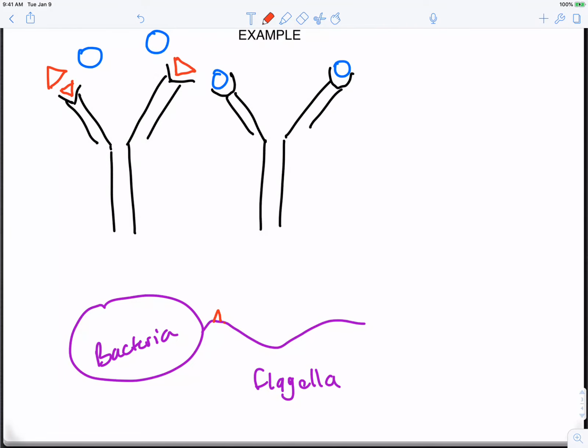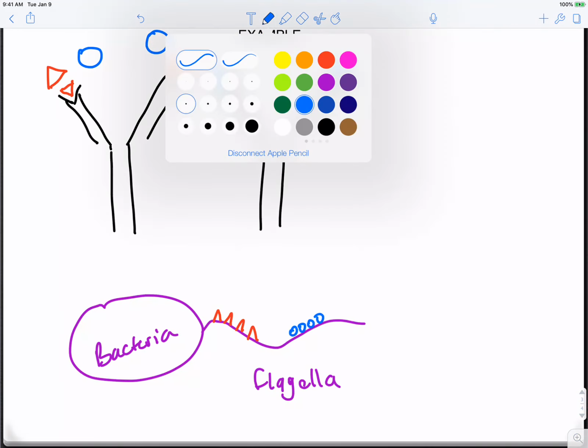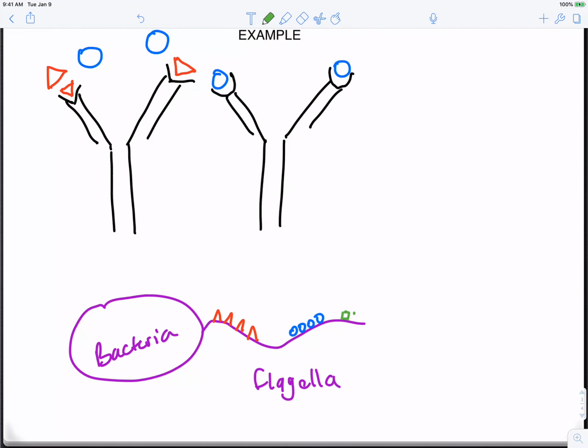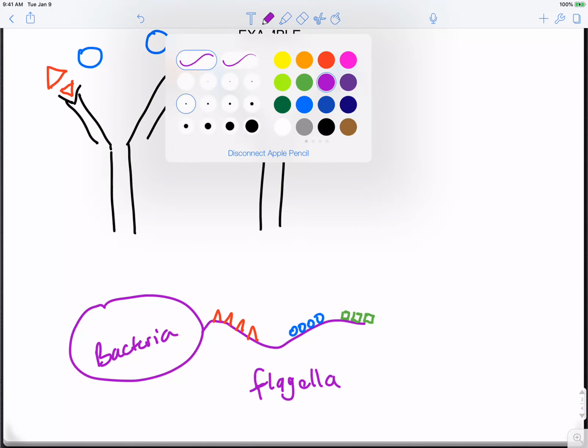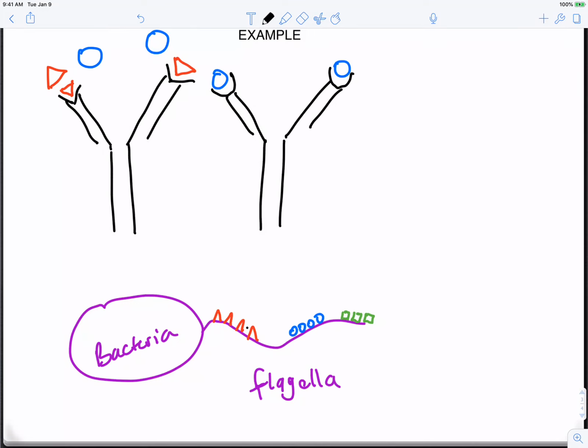So let's say that this region up here has these little triangle spikes, and this region over here has these little round spikes, and then we'll have another region that has square spikes. What I'm trying to explain here is that for every antigen, in this case a flagella, you'll have multiple binding sites, but only an antibody that's specific for the triangle will bind to the triangle site, and only an antibody that is specific for the circle will bind to the circle site.